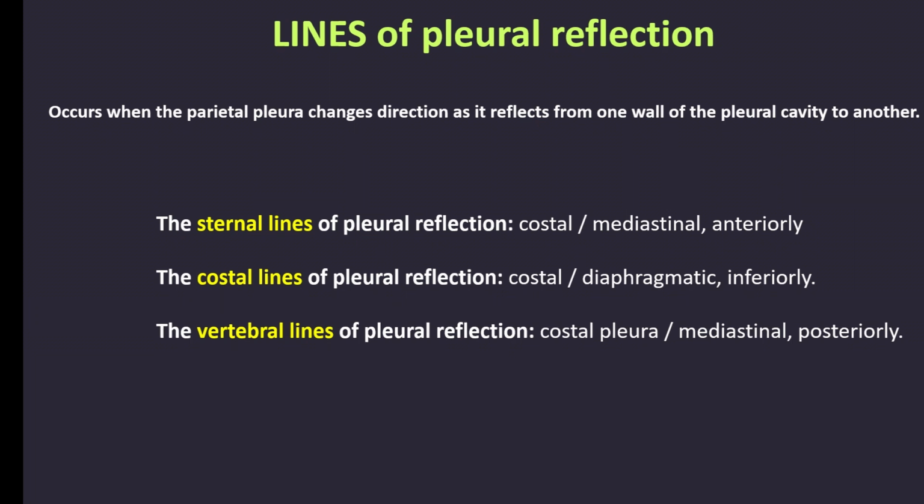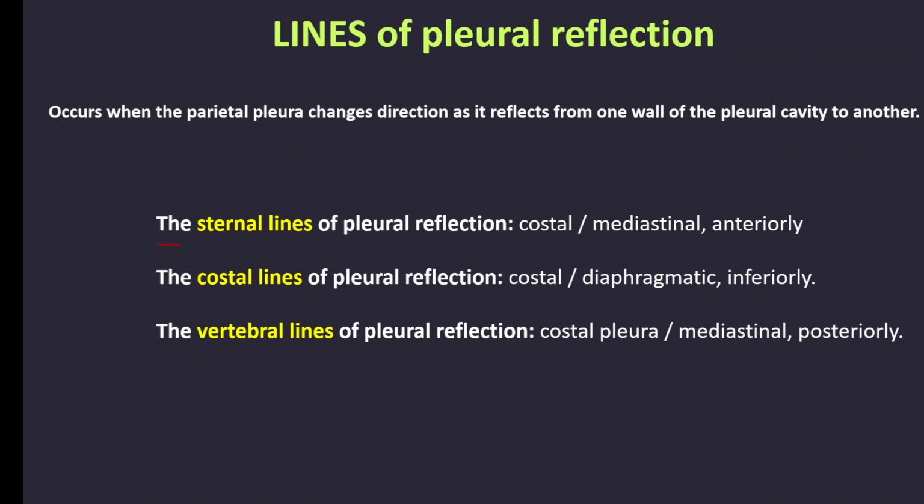At certain locations, some of these parts of the parietal pleura will reflect to cover or line another part of the thoracic wall and change the name based on that. So as a result, the pleura will bend at different levels and produce these lines of pleural reflection.